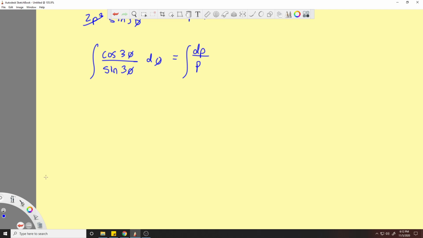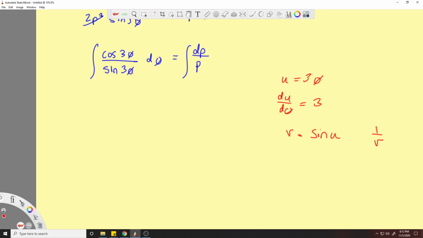This one will involve a little bit of u substitution. I'm just going to write the integration out, but if you're interested, you would use u substitution for 3 phi. So du is going to be 3 d phi, and then you do another substitution where v is sine of u, and you end up with 1 over v.